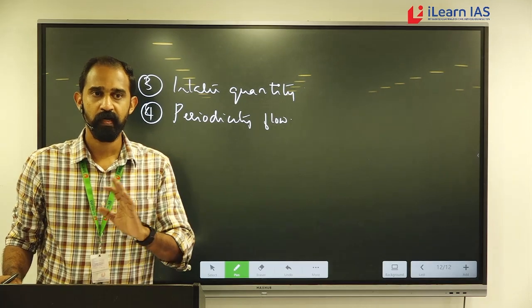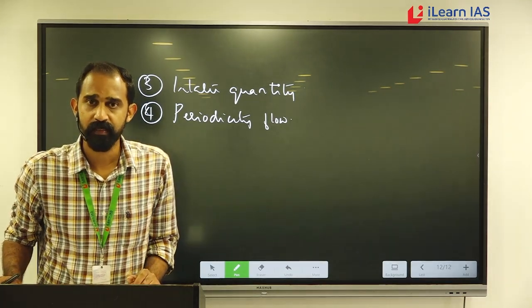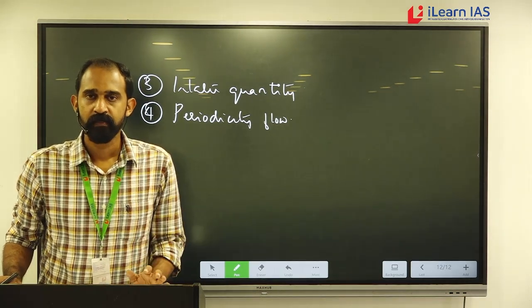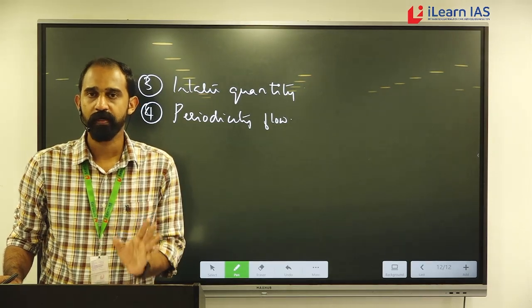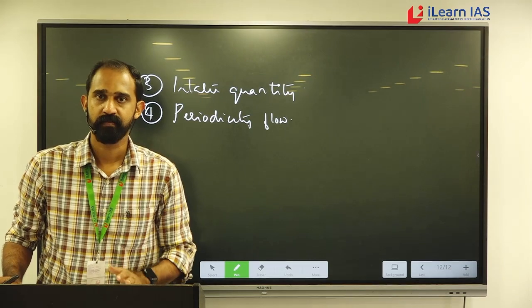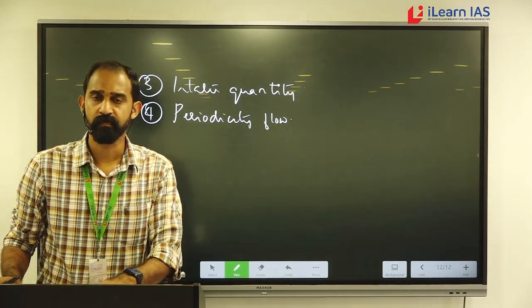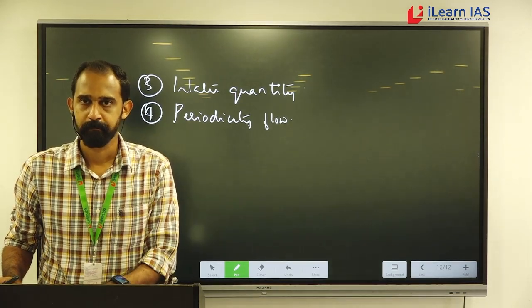than a river which has almost the same quantity of water throughout the year. Say, for example, a river like the Amazon. It's in an equatorial rainforest area. There is rainfall every day. So it has almost equal water throughout the year. But if you look at Indian rivers, they are monsoon dependent rivers, especially the peninsular rivers. Rivers like Godavari, Krishna.